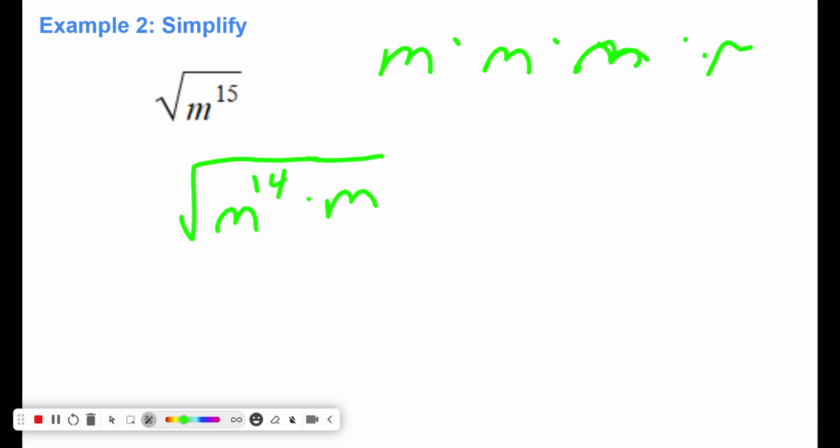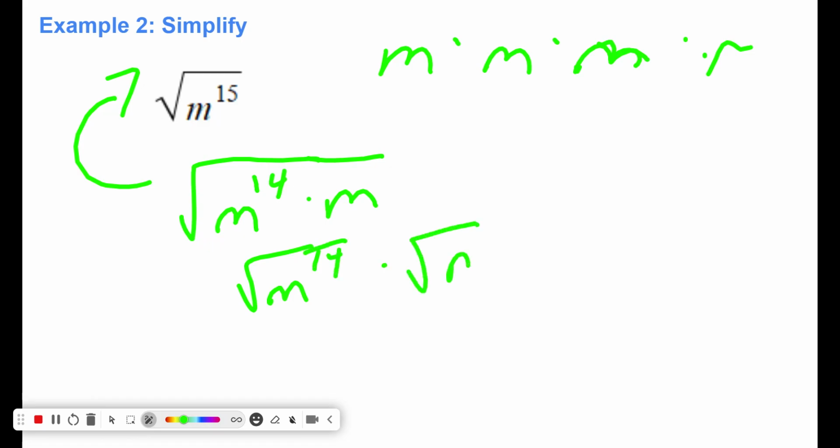Now I've created for myself an even number, and this is still true to what we started with. M to the 14th power is being square rooted. So I can simplify that and keep my square root of m, where I don't know what that is yet and I haven't been able to manipulate that yet, but I can still simplify this into m to the 7th power times the square root of m.